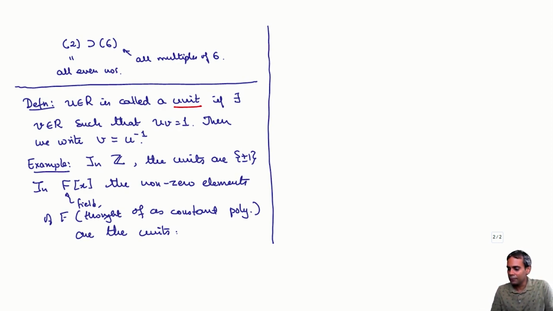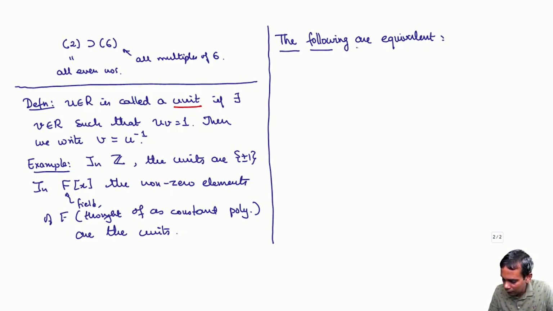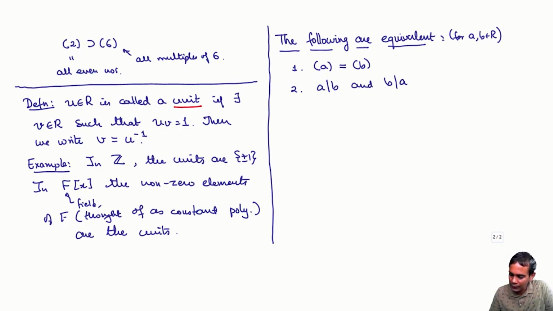Okay, now here's a thing about ideals being equal. So the following are equivalent. Suppose I have two elements a, b in R, where we're taking R to be a commutative integral domain. One, the ideal generated by a is equal to the ideal generated by b. Two, a divides b and b divides a.